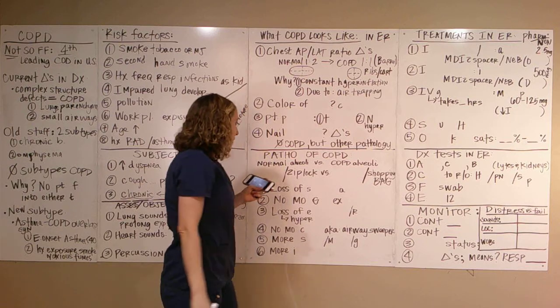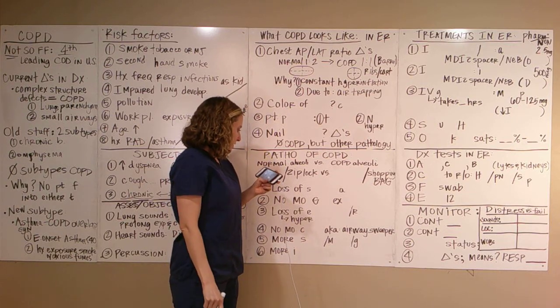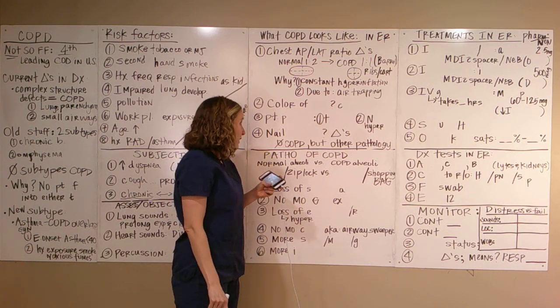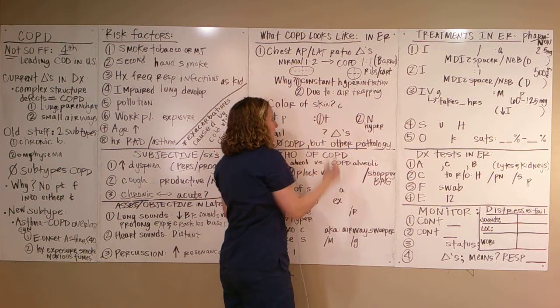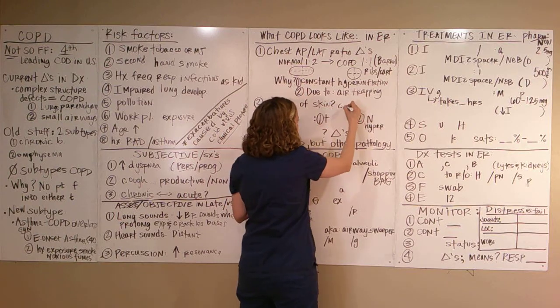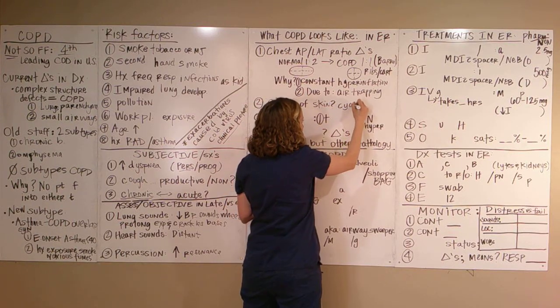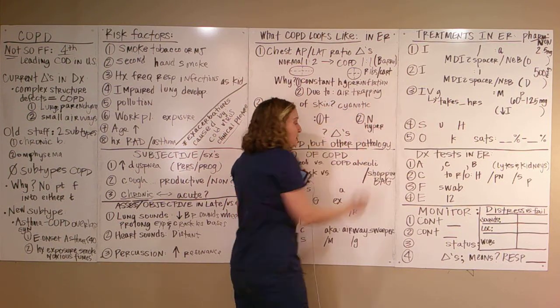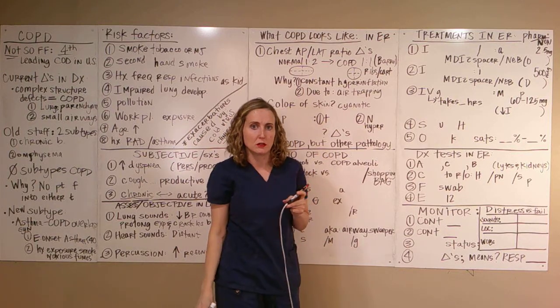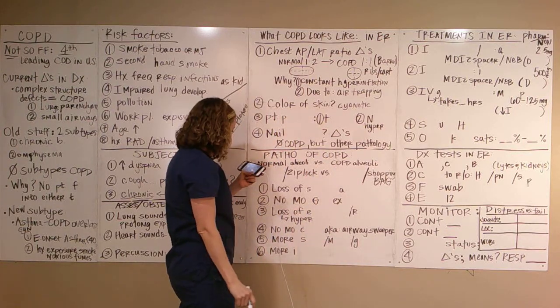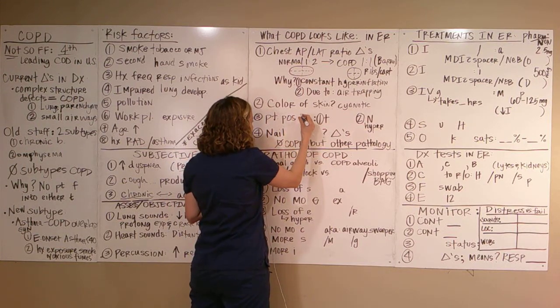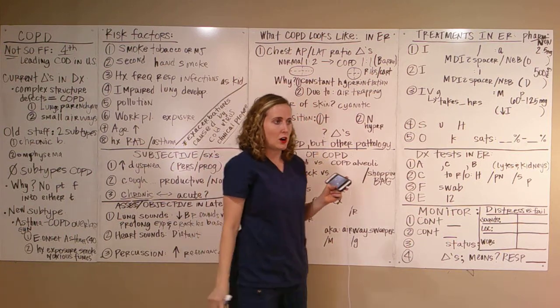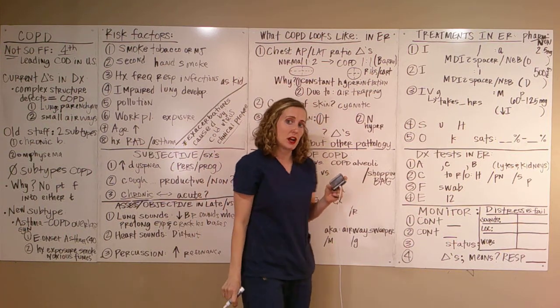Okay, so other than what's going on underneath, what do these guys look like? What's the color of their skin? The color of their skin tends to be not nice and pink when they're having an exacerbation. They're usually cyanotic. So these are the folks that are in an acute exacerbation, okay? And then their position. Do you think they are laying flat? Do you think they are leaning back in a chair?